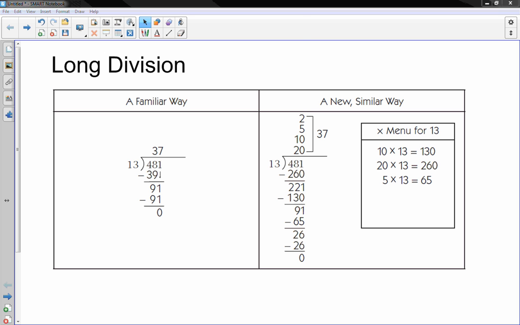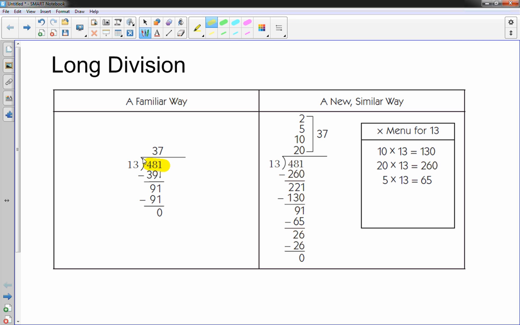So the problem on the left, we have 481, and we're dividing it by 13, and we're dividing it to get equal parts. And that's the familiar way that some of us might remember from the past.